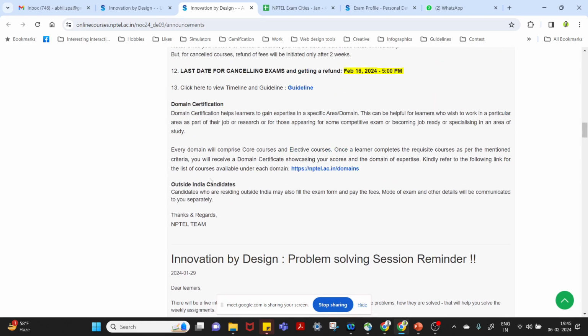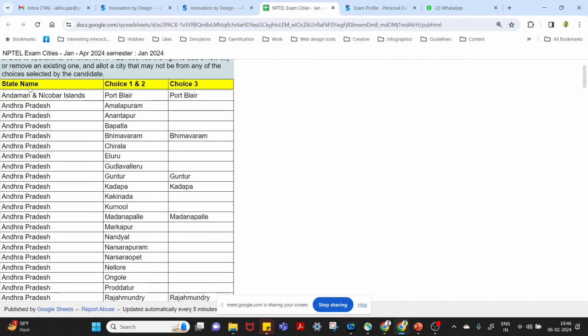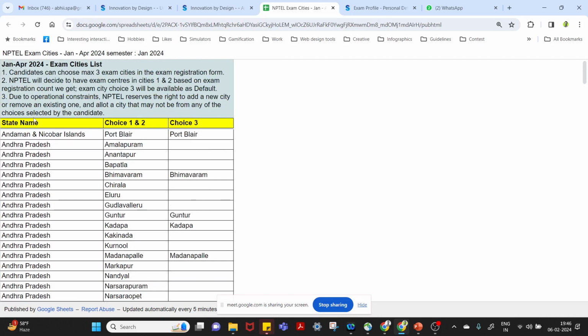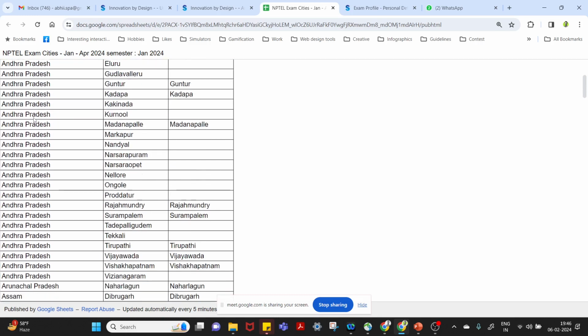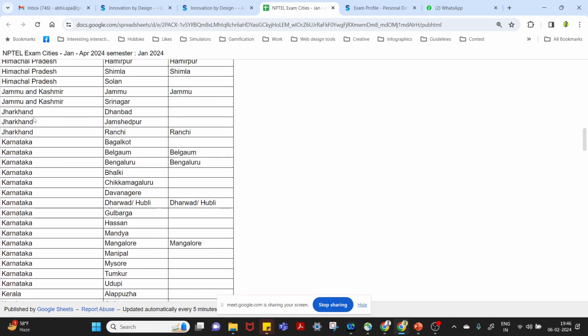This is very interesting to see that there could be a possibility where people from outside India can actually attempt these NPTEL exams. Okay, now let's see the cities. Based on the state in alphabetical order, you will find different states and the cities and the choices, starting from Andhra Pradesh, Bihar, Chhattisgarh.